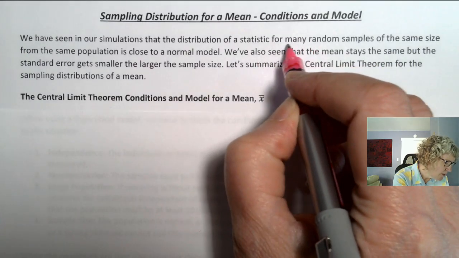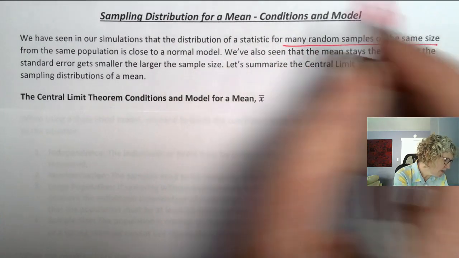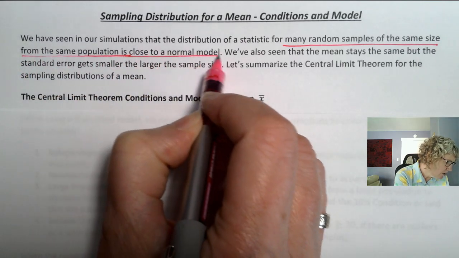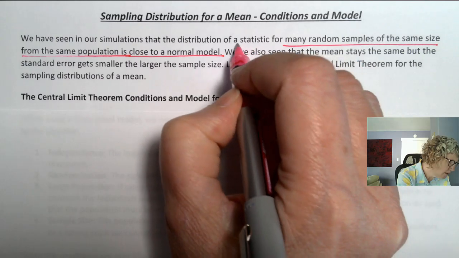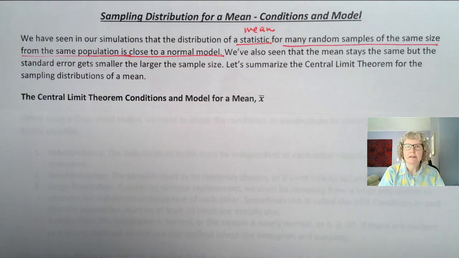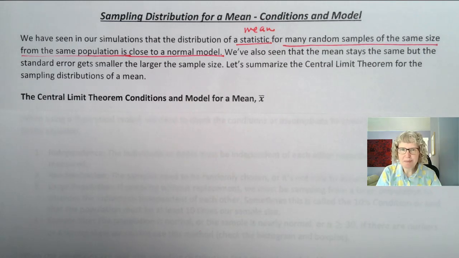So if you take many, many random samples of the same size from the same population for a particular statistic, so here we're looking at a mean, we get a normal distribution, as long as certain conditions are met. Okay, so we're going to talk about those.